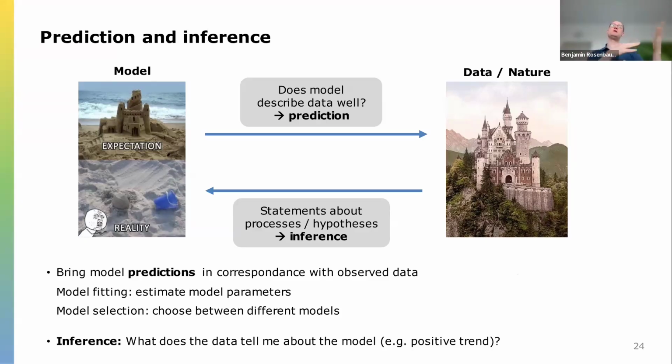I'm predicting some data from the model, and I want to make sure that the predictions are in line with the actual observed data. This is associated with two techniques. The first is model fitting, estimating model parameters. And the other one is model selection. If we have different model candidates, we compare their predictions and see which of these models predicts the observed data better.